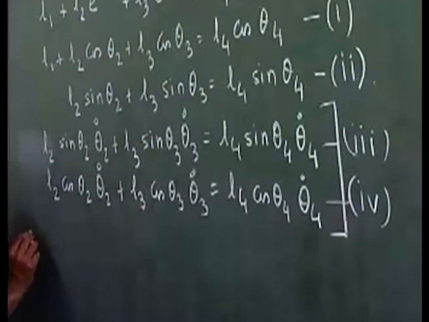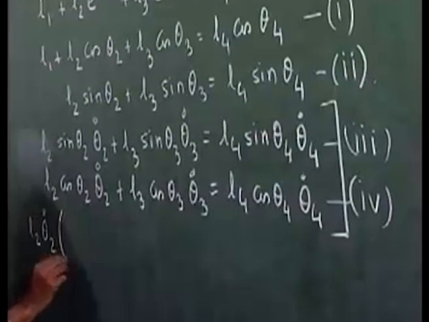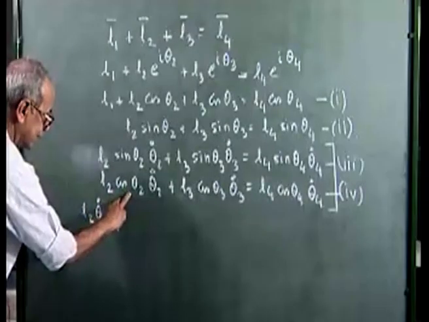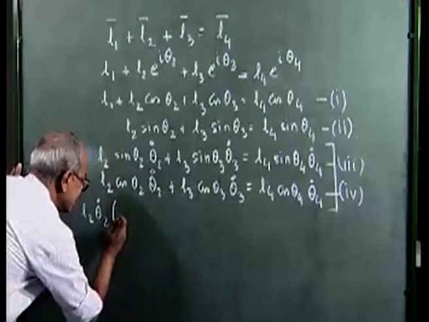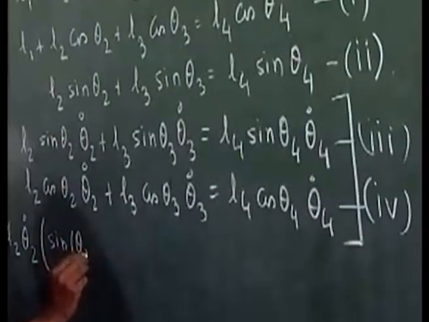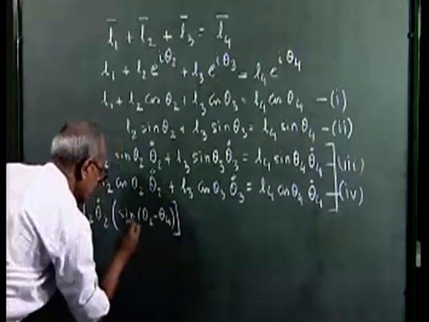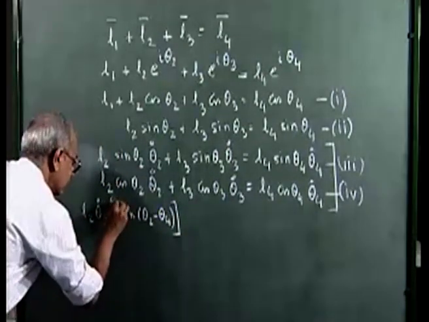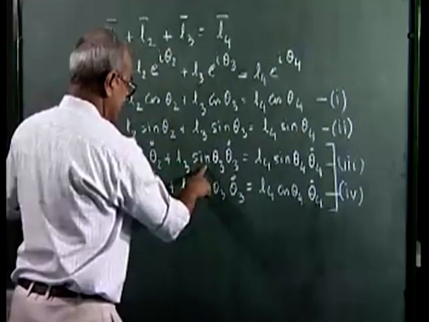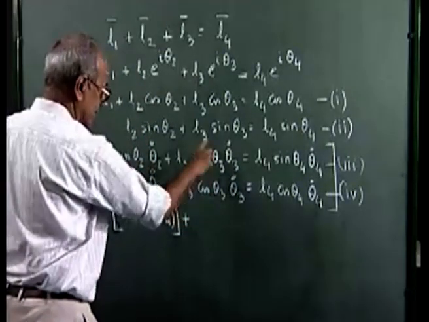So I get L2 theta 2 dot sine theta 2 cosine theta 4 minus cosine theta 2 sine theta 4, which gives me sine of theta 2 minus theta 4. And here I have multiplied by cos theta 4, and here I have multiplied by sine theta 4 and subtracted.